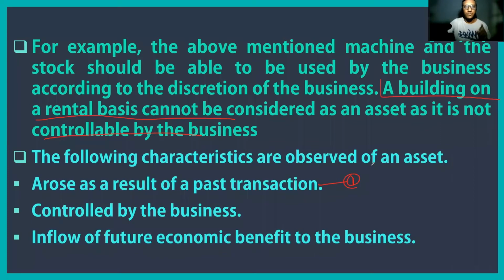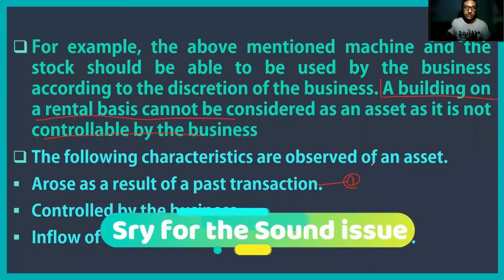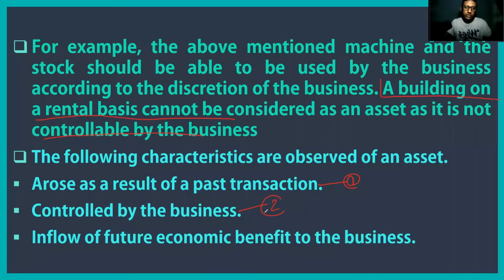Arose as a result of a past transaction. Because of a past transaction only, or controlled by the business, it should be controlled, right? It should be under our control. Inflow of future economic benefit to the business. Yes. These are the characteristics of an asset, right?